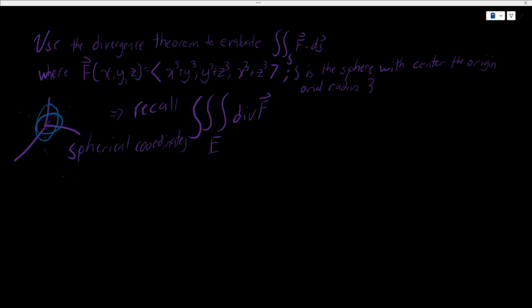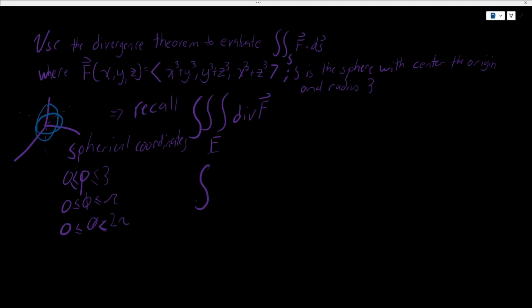We know that our rho value is going to go from 0 to 3 because our radius is 3. We also know that our phi value goes from 0 to pi because it's a complete circle, and then our theta value will go from 0 to 2 pi.